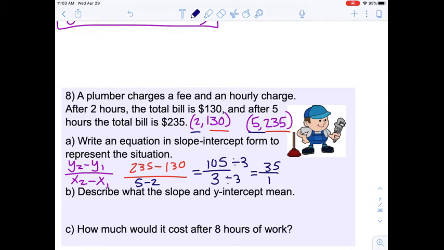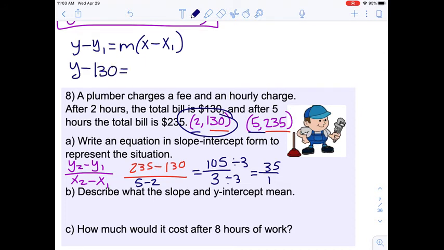So I'm going to do that by putting this in point-slope form and changing it to slope-intercept form. So I have y minus y1 equals m times x minus x1. I'm going to choose this first point to work with. So my y1 is 130. My m, my slope, is 35. And then we have times x minus, and my x1 is 2. Then I'm going to simplify this.